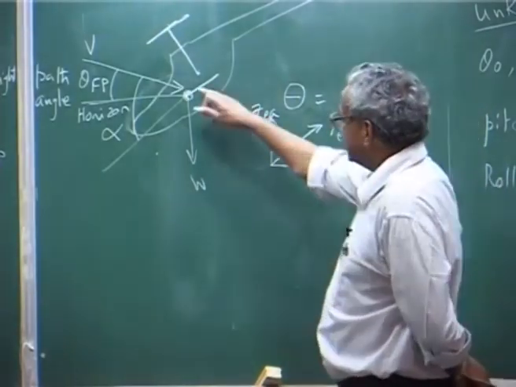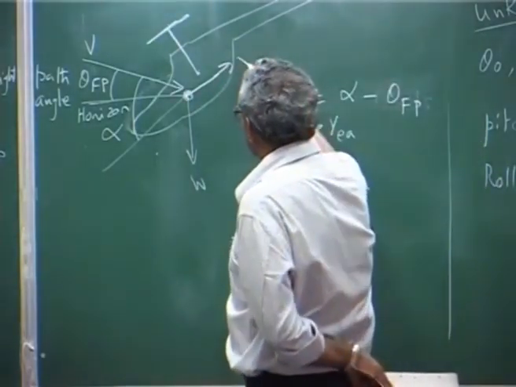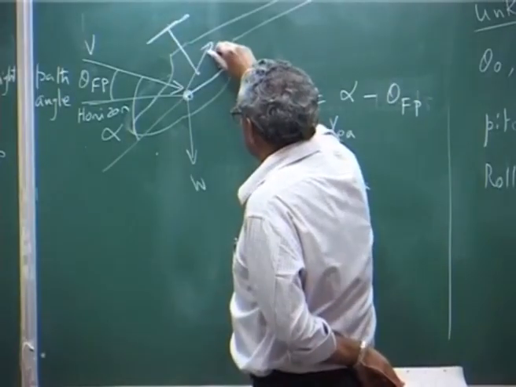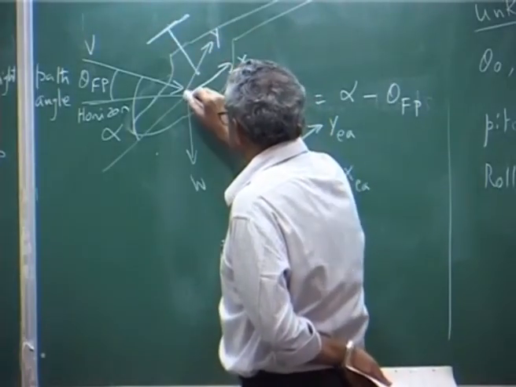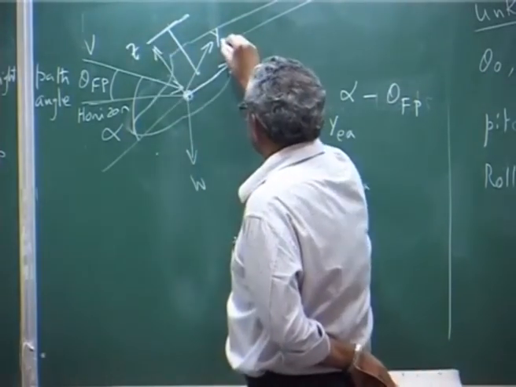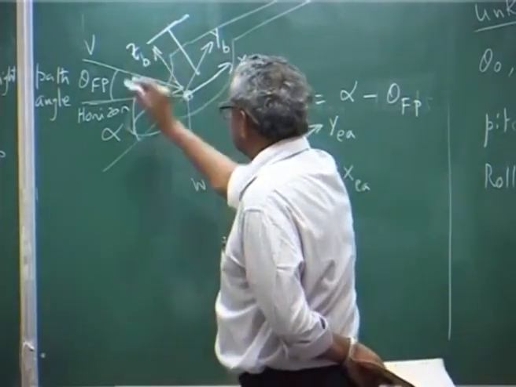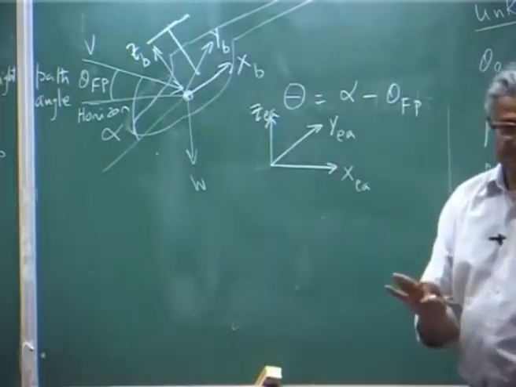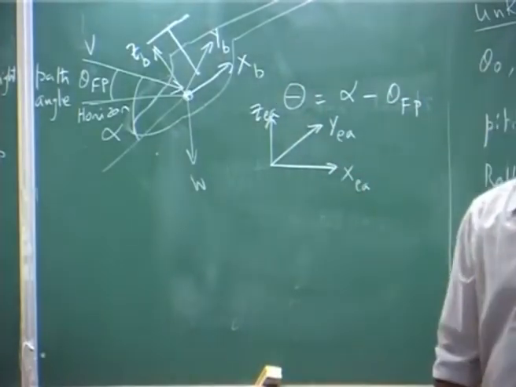With respect to this, this is the body, capital X, capital Y and capital Z. You may call it B, B and B, that means body system.